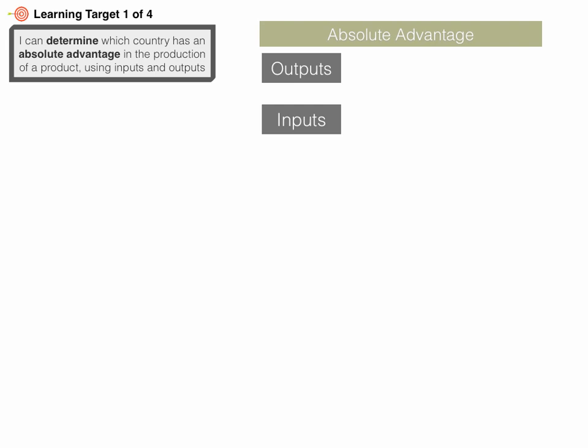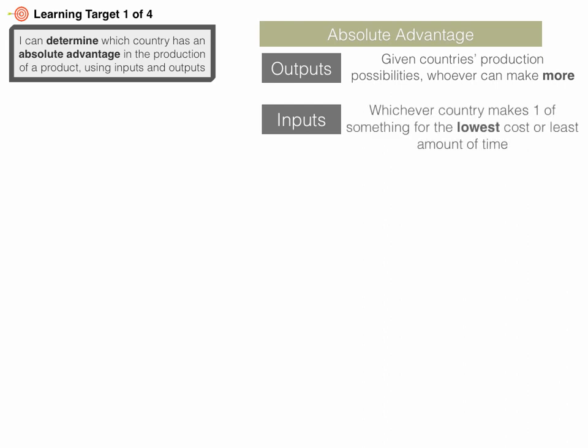A country has an absolute advantage in a product if they can make more of it. So when we're looking at output production, in two countries, whichever country can make more has an absolute advantage in that product. Now we can also look at inputs. Inputs would tell us how much time does it take for a country to make one of a product, or what does it cost a country to make one of a product.